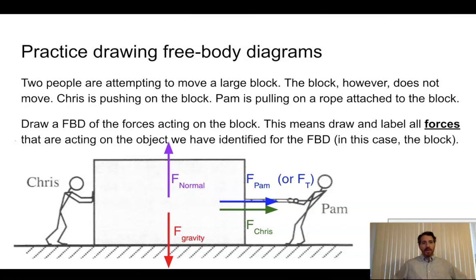But I go back and read the question. They're attempting to move a large block. The block does not move. You might say, well, maybe it's so heavy that they can't make it move. But we said in the previous video that even a really massive object will experience some delta V because you've applied a force to it, if that is a net force that is applied to it.